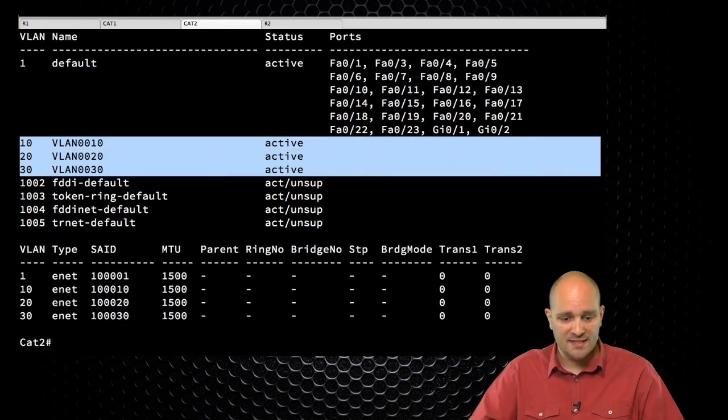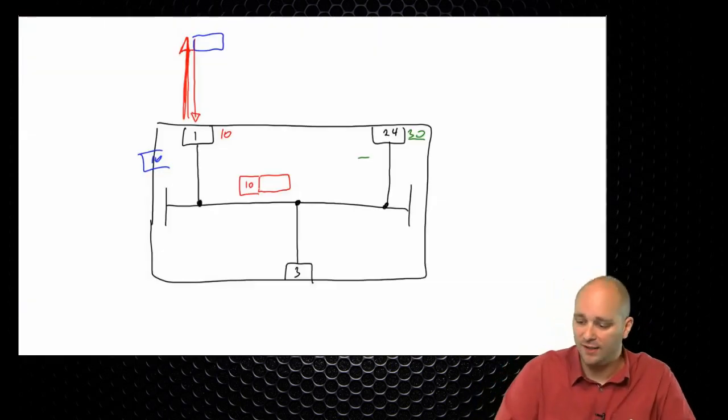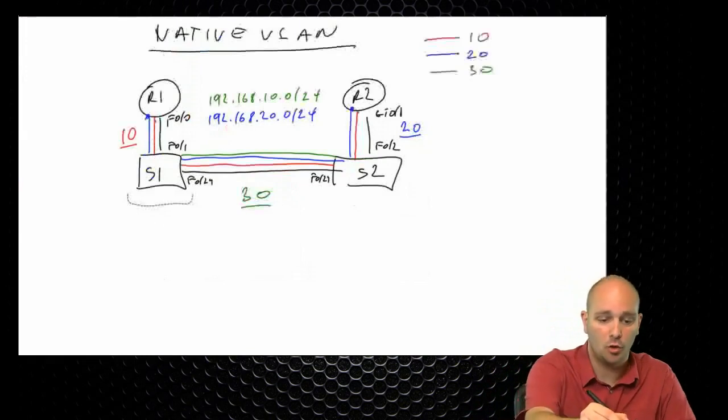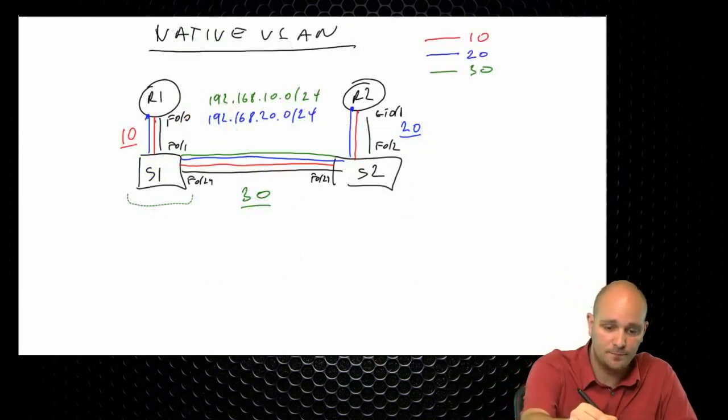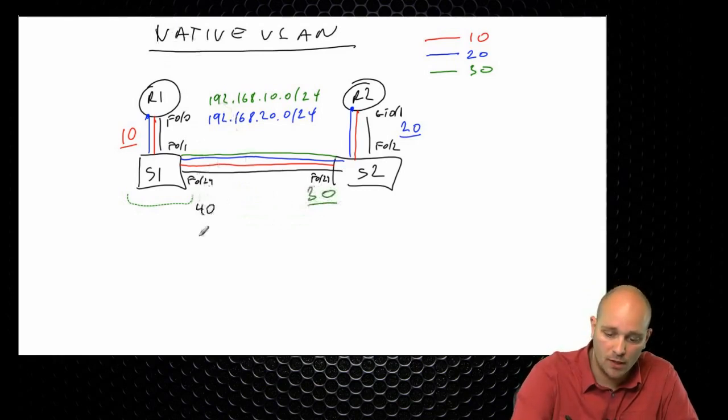So in a sense, let me copy this page. What I have created now is that on this side of my connection, native VLAN is 30, and on this side here, the native VLAN is 40.